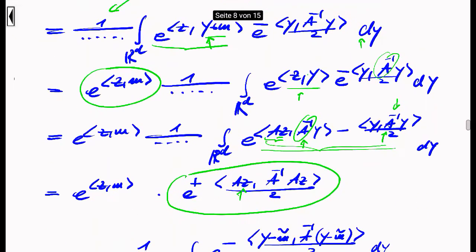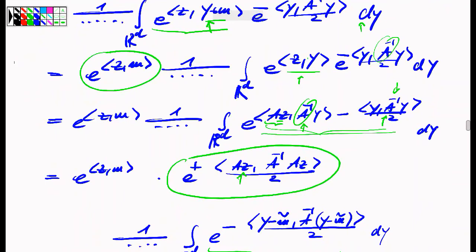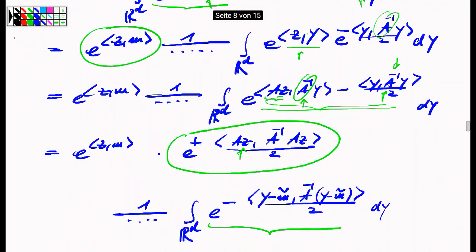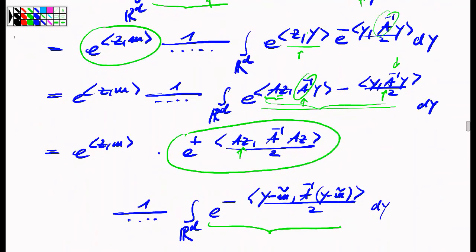Well, when I have to complete the square in the second last step of the computation, the term that is missing for a full square is the corresponding homogeneous term, which involves A to the minus 1 times AZ times AZ. This is the term which is missing with a minus sign.